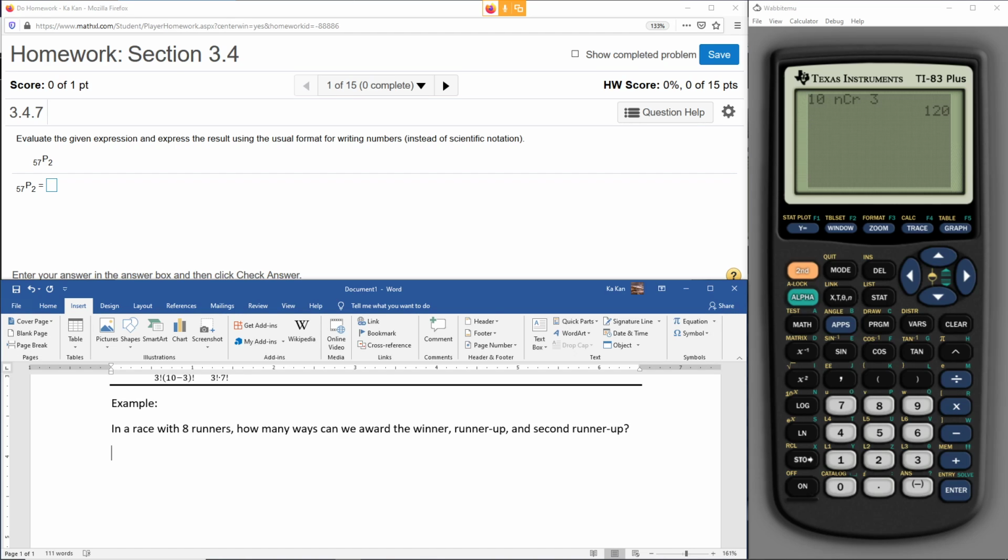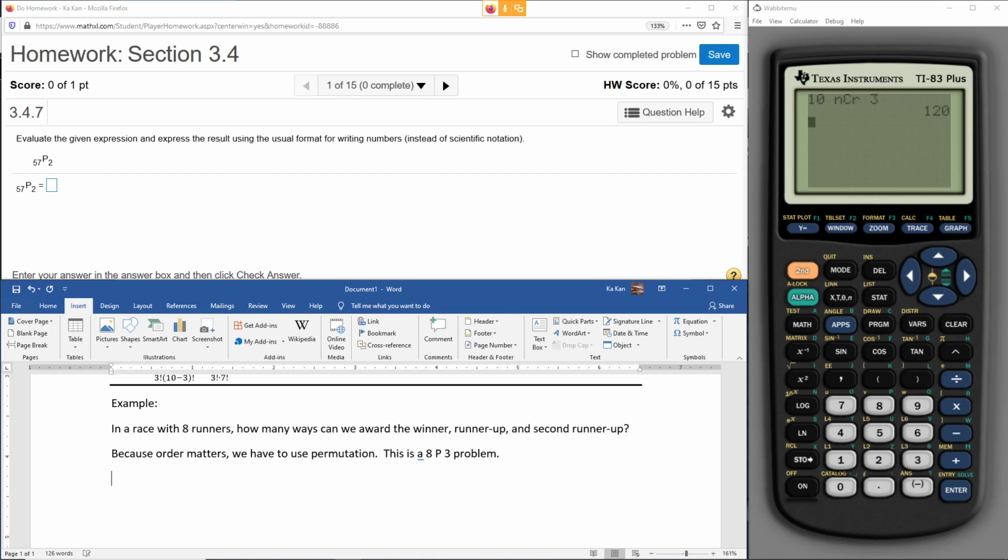In this case, because order matters now. I mean, if you're winning, you don't want to be the runner up. I cannot be giving the gold medal to the third place. Because the order matters, we have to use permutation. So this is an 8P3 problem, because the total is 8.